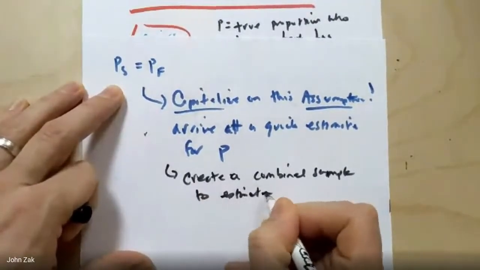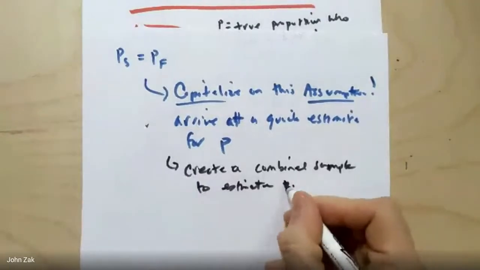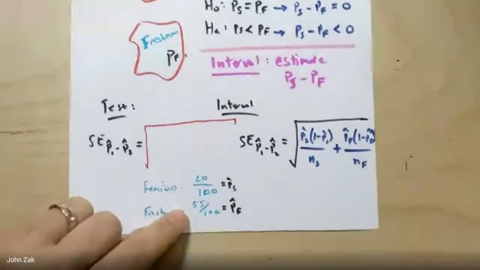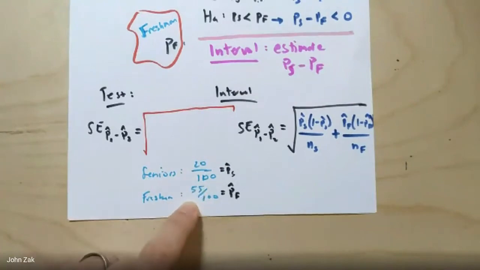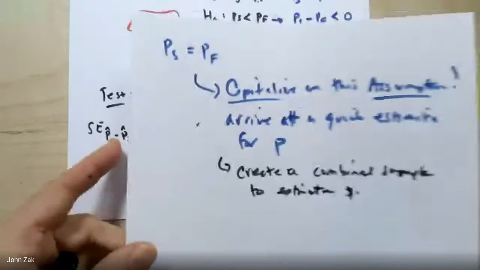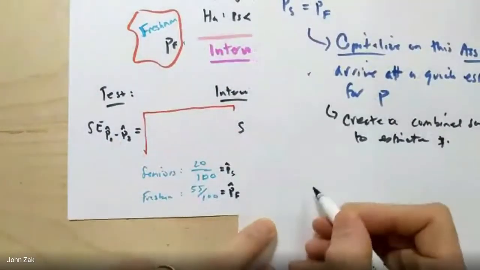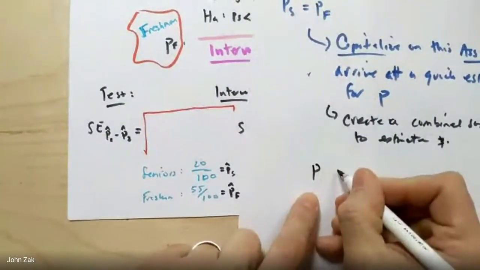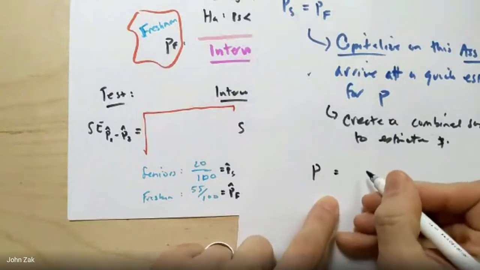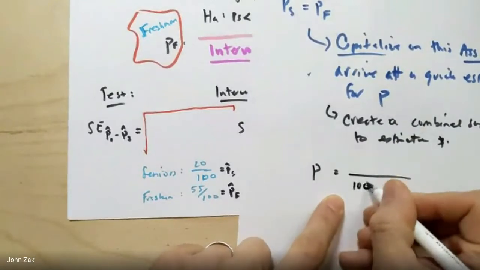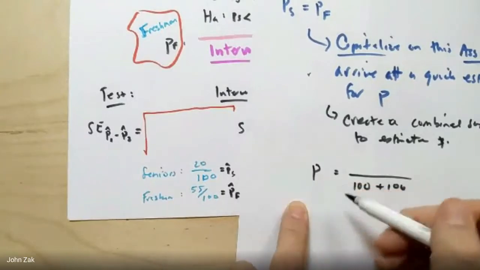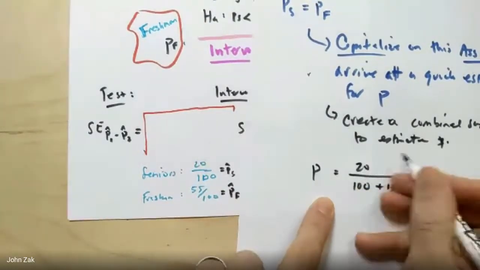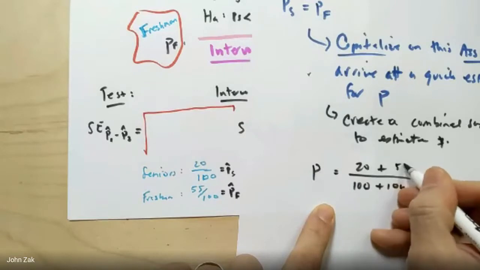In a little made-up data that I had here, I had 20 out of 100 seniors that have a heavy bag, and 55 out of 100 freshmen that had a heavy bag. If I put that together, my estimate for P could be: altogether I had 100 plus 100 people, and 20 of them were seniors and 55 of them were freshmen.